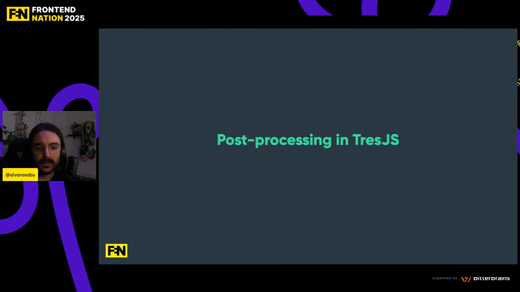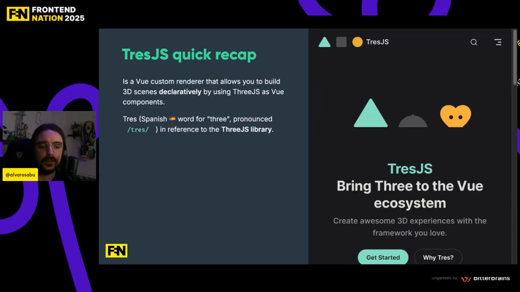So, coming back to TresJS and how we can apply post-processing here, I want to have a quick recap for those of you that are not familiar yet with TresJS. TresJS is basically a Vue custom renderer that wraps Three.js, the JavaScript library, so you can use it in a declarative fashion with Vue.js components and composables. The word tres comes from tree in Spanish, and it references the library.